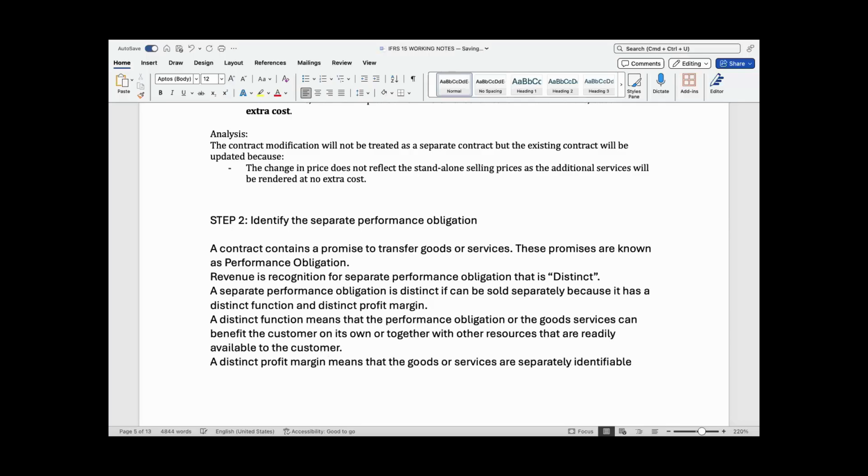They're separately identifiable. And this means that the goods and services is not dependent on another good or service.